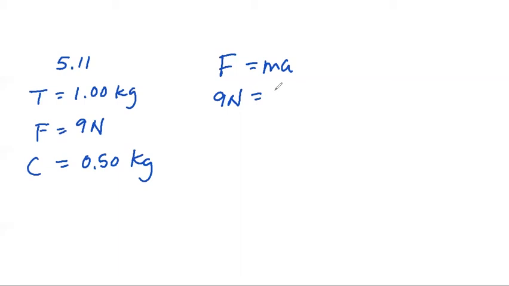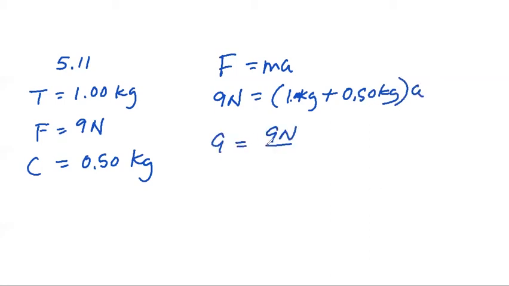So this is going to be equal to 1.00 kilograms plus 0.50 kilograms times A. So A equals 9 newtons over 1.50 kg. And A equals, let's see, what do they have?